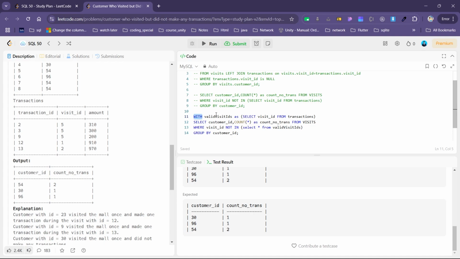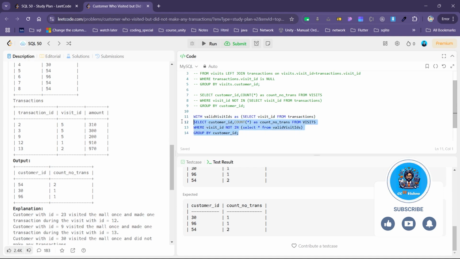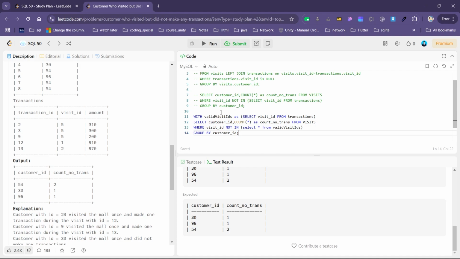So with this keyword, create a temporary table. So this temporary table exists in this transaction only. What I mean by transaction is that when this select query or this query completes, this temporary table is destroyed. So this temporary table exists only for this context, right? It is not permanent. So we stored the result of the valid visit IDs because when the customer visits the mall, they created the transaction, and for that I called this valid.